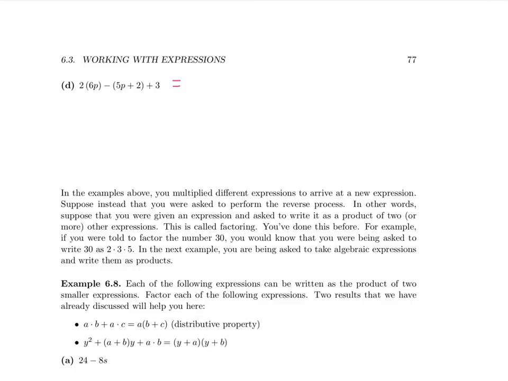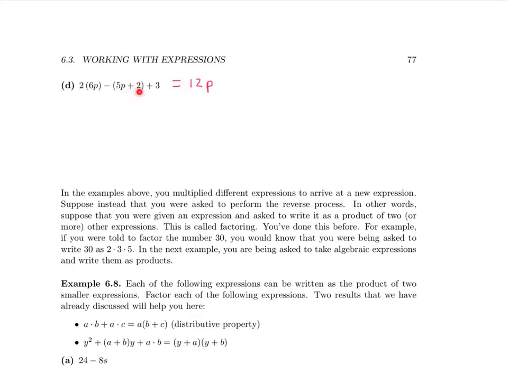2 times 6p. Again, using the associative property of multiplication, I can just simply multiply the 2 and the 6 together first and then multiply by the p. This would give me 12p. Now, we're subtracting this large quantity right here.